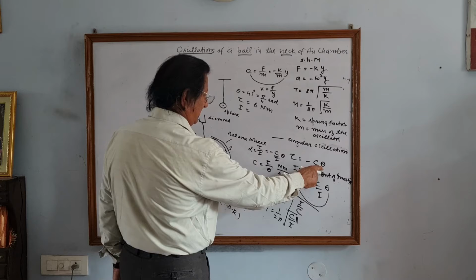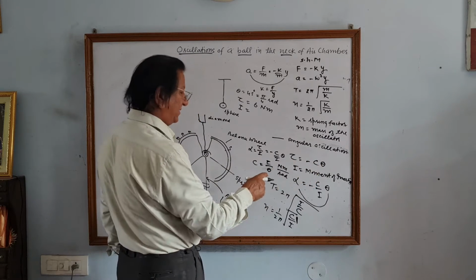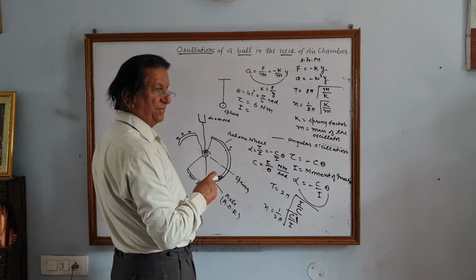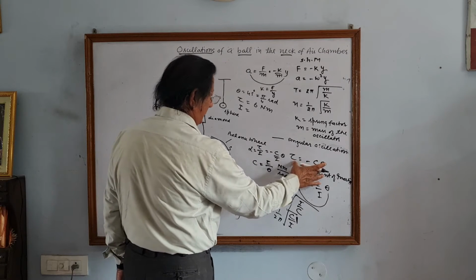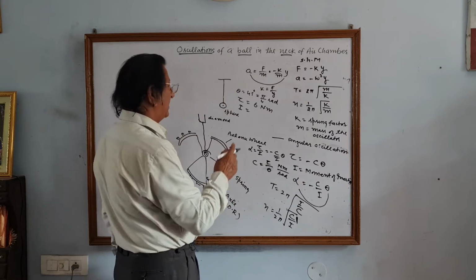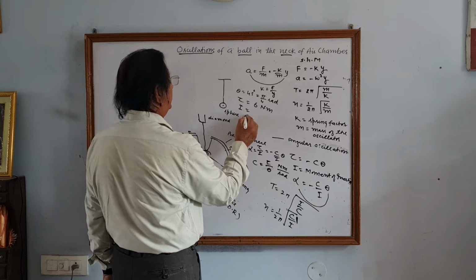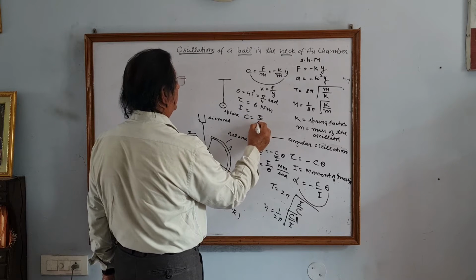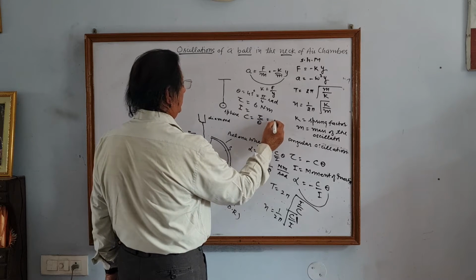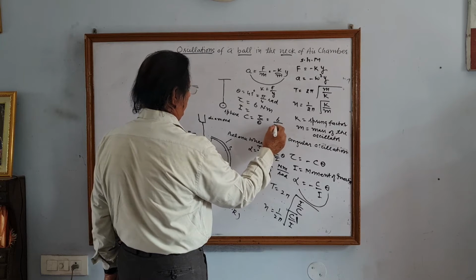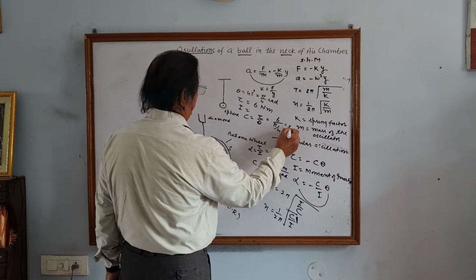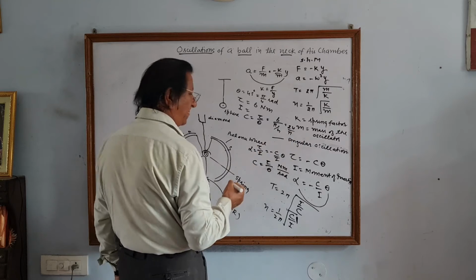You are given angular displacement theta and torque. That means these two things will help you find out C. What will be C? C will be 6 divided by π/4, which is 24 by π.